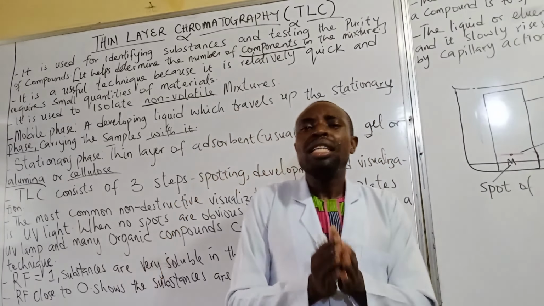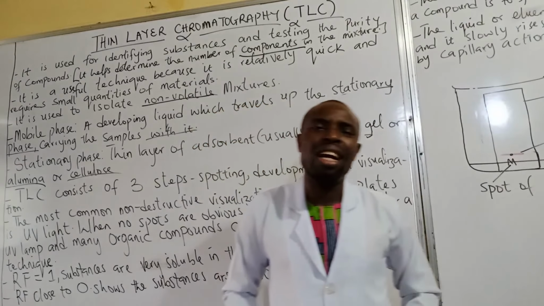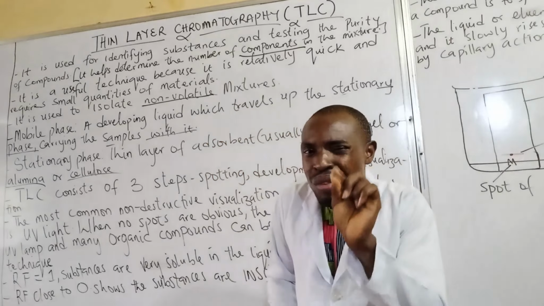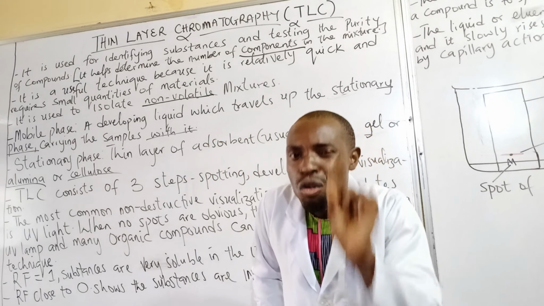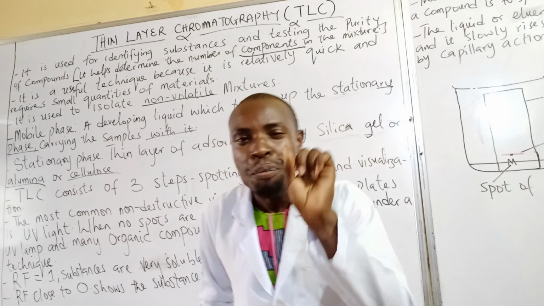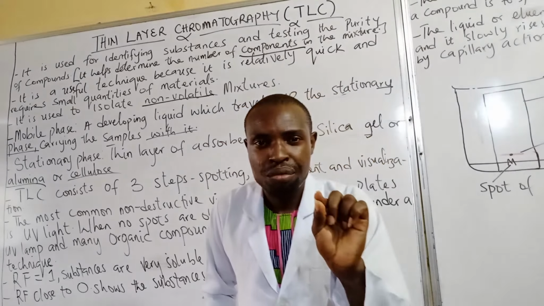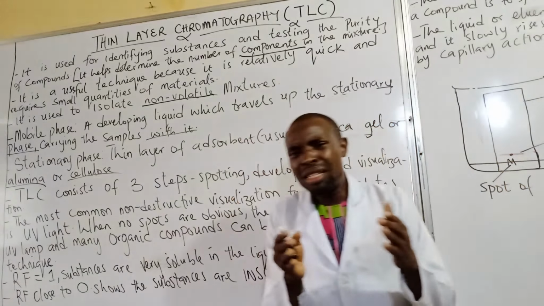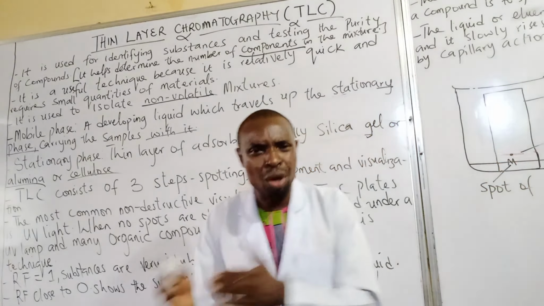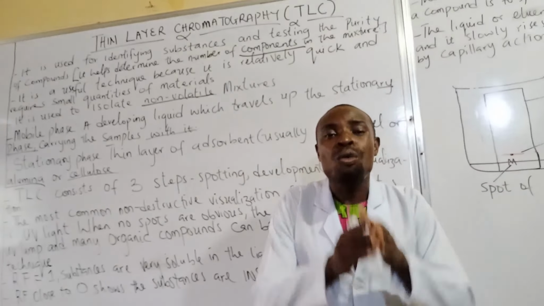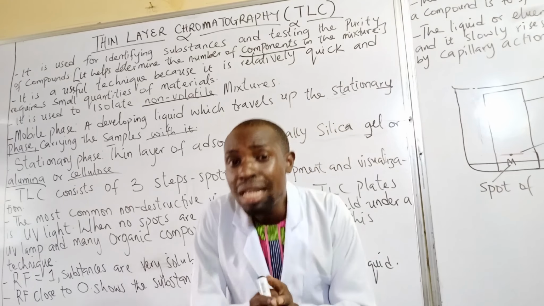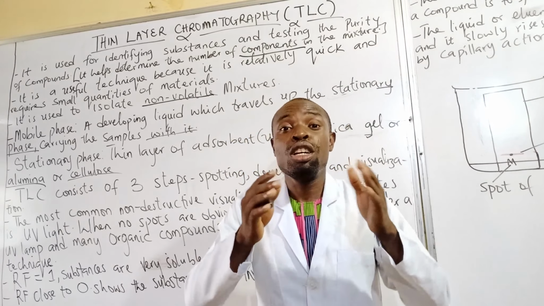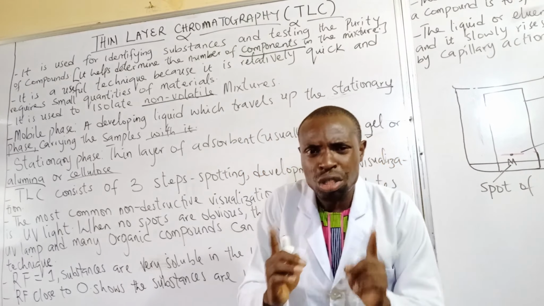Again, we should also understand that thin layer chromatography is used in the identification of substances and also in testing the purity of a compound. Do not forget that compounds can be pure or impure. When we say that a substance is pure, it means it should leave just one spot.